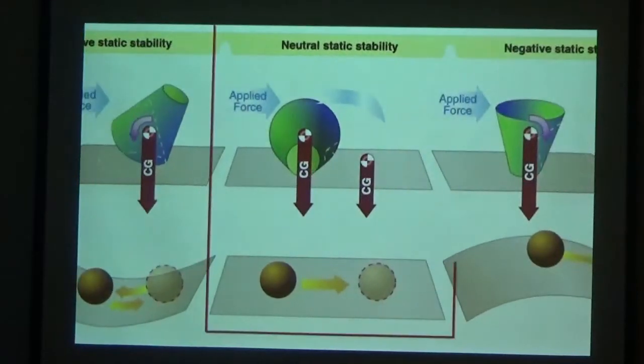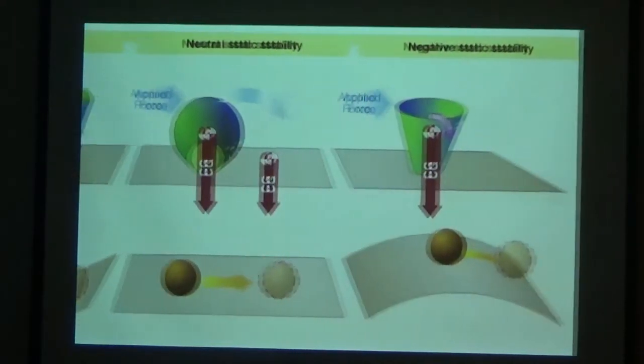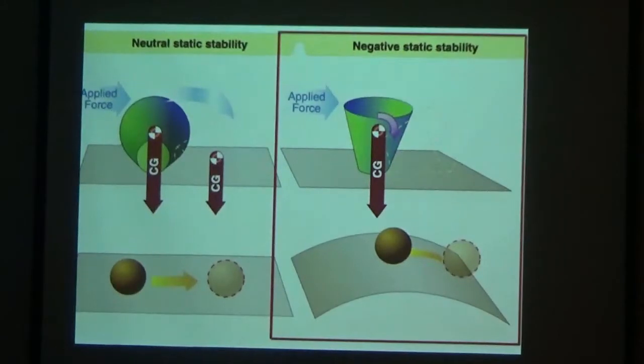Neutral static stability is the initial tendency of the aircraft to remain in a new condition after its equilibrium has been disturbed. Negative static stability is the initial tendency of the aircraft to continue away from the original state of equilibrium after being disturbed.